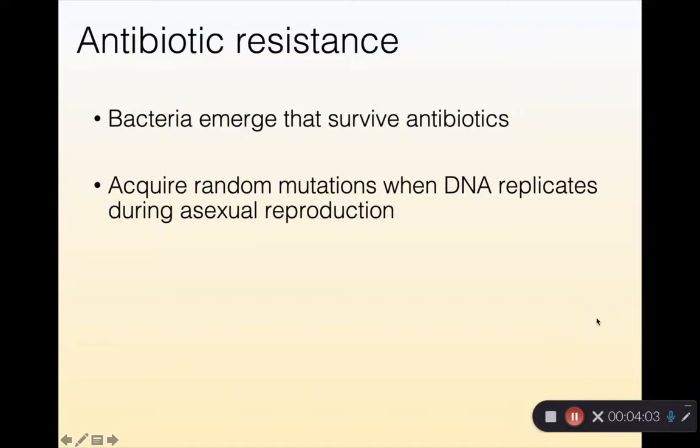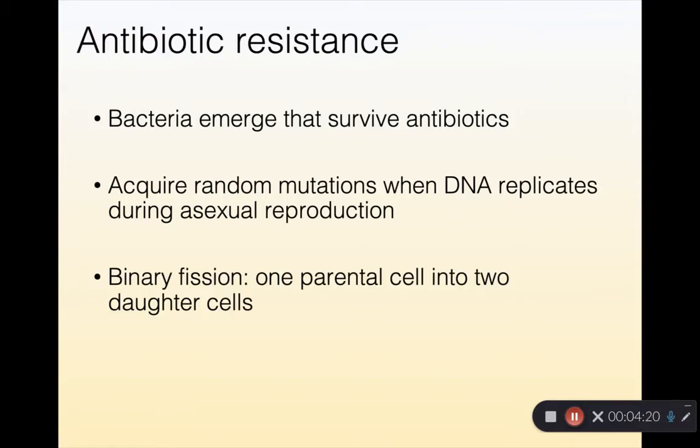Well, there's a couple different ways, and one of them is that they can acquire random mutations when the DNA replicates during asexual reproduction. Again, we're going to go more specifically into these processes in later lectures, but it's enough to know that bacteria reproduce asexually through a process called binary fission. So it's basically just when one cell becomes two daughter cells.